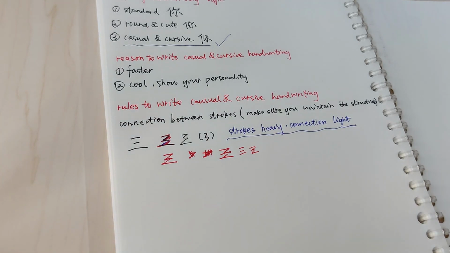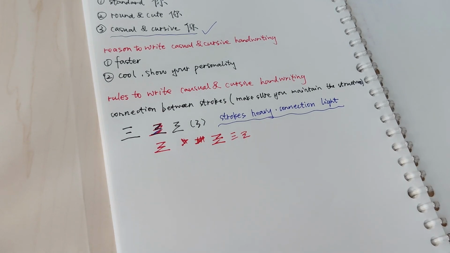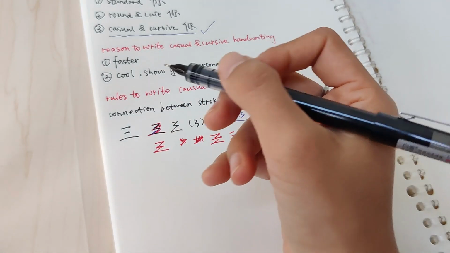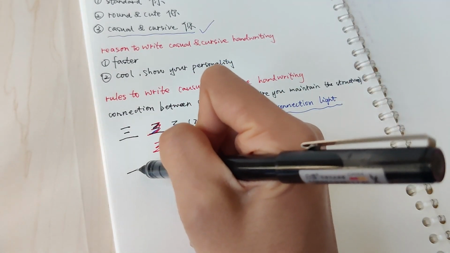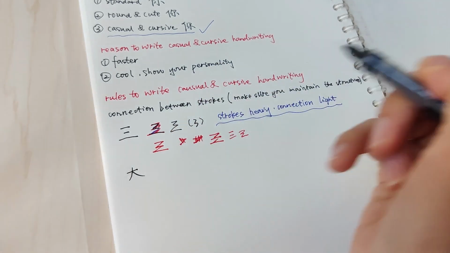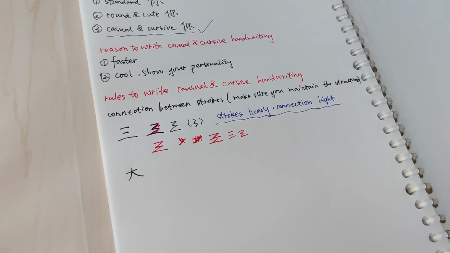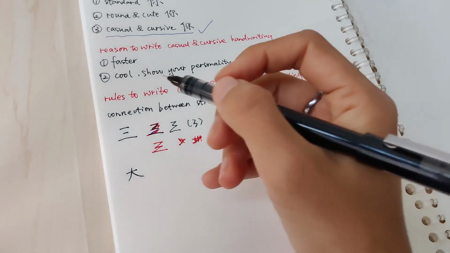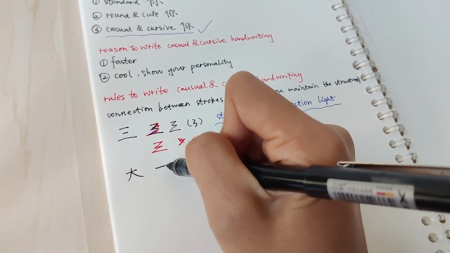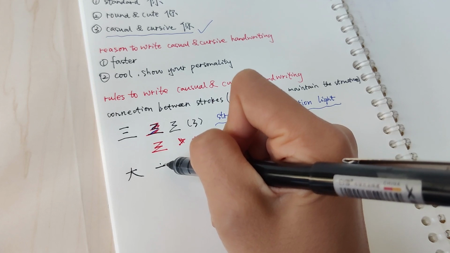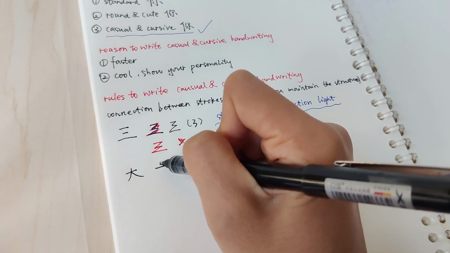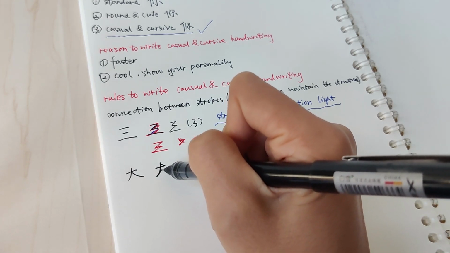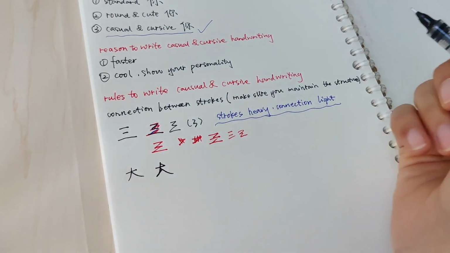Let me give you another example. Let's write the 大小, the 大. To write it in a very standard way, it's 1, 2, 3. Sharp and clean. To connect it, we write 1. See, you feel like it's going this way, and then 2, and then going back this way, 3.